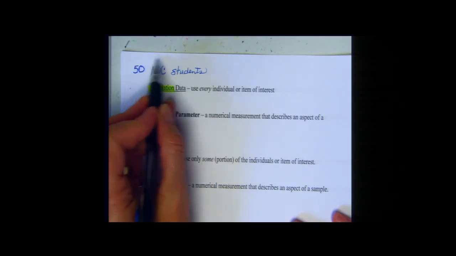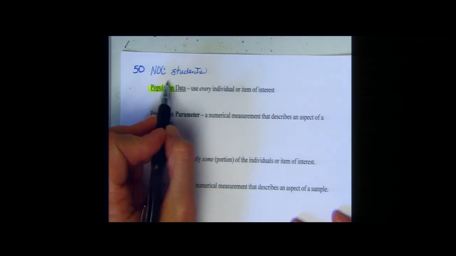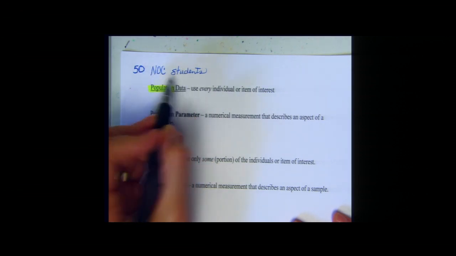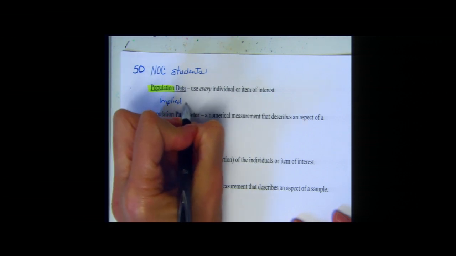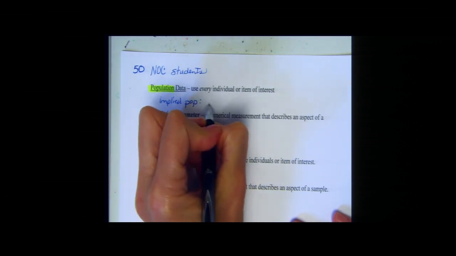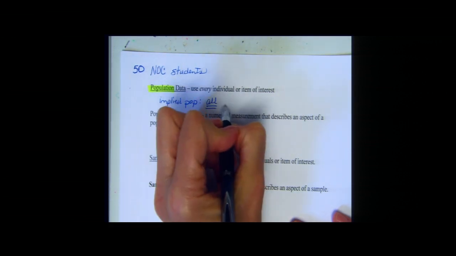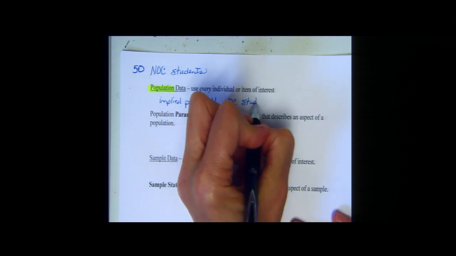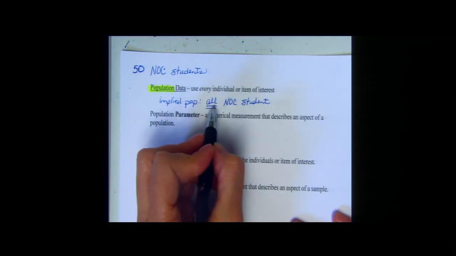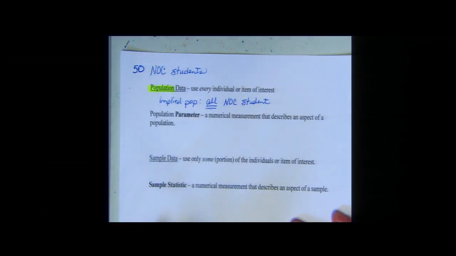Now this was pulled from a population, so if we were looking at this statistical study, the implied population would be all or every NOC student. So the key with population is the word all or every.